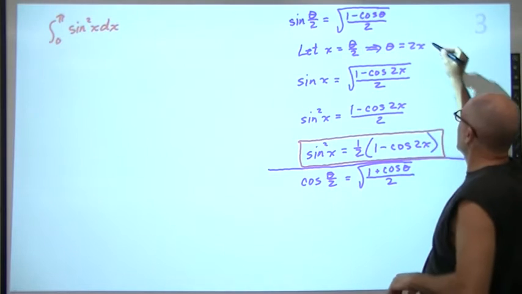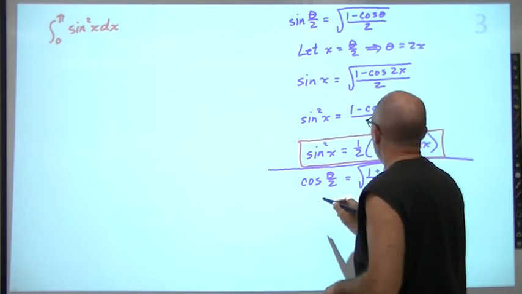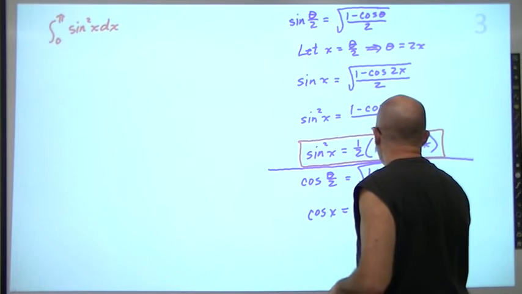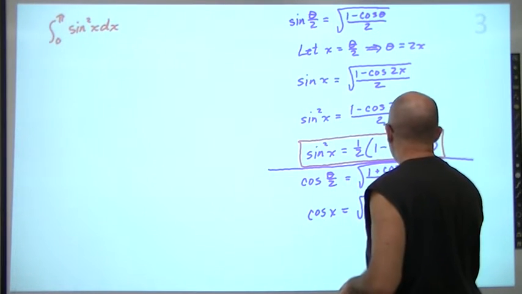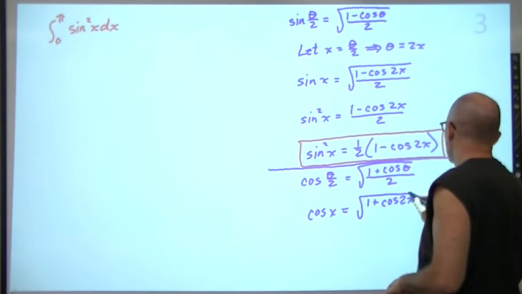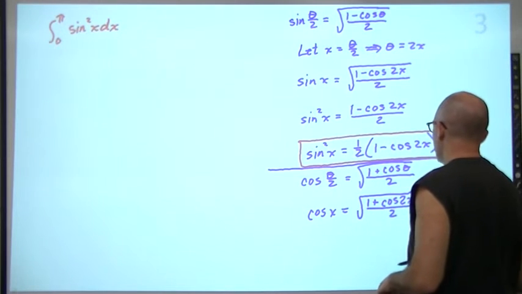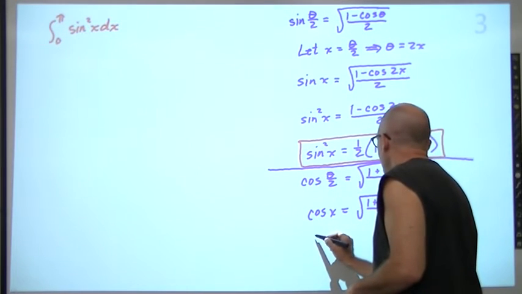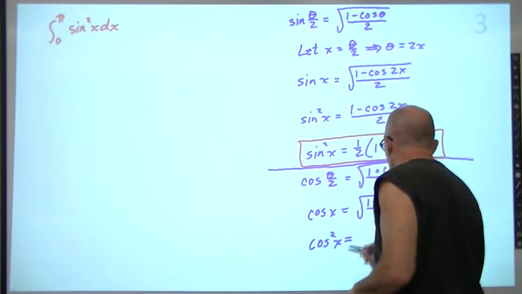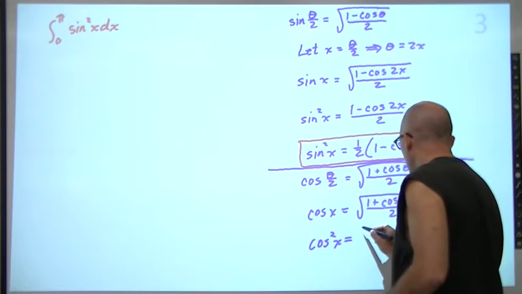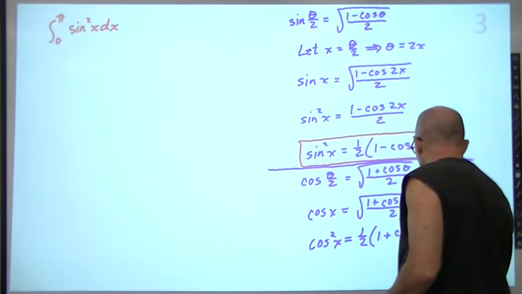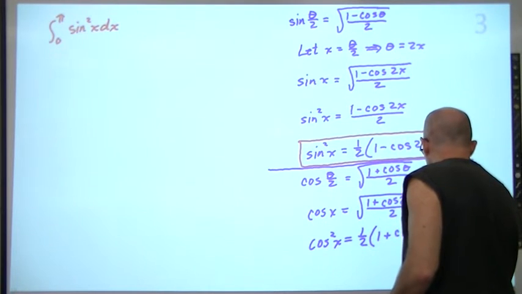Now if we let x equal theta over 2, then cosine of x equals the square root of 1 plus cosine 2x, all over 2. Square both sides, and I have cosine squared x equals, getting rid of the radical, 1/2 times the quantity 1 plus cosine 2x.